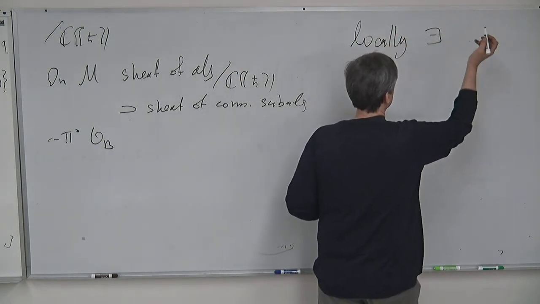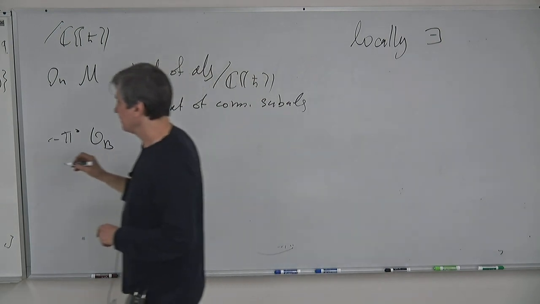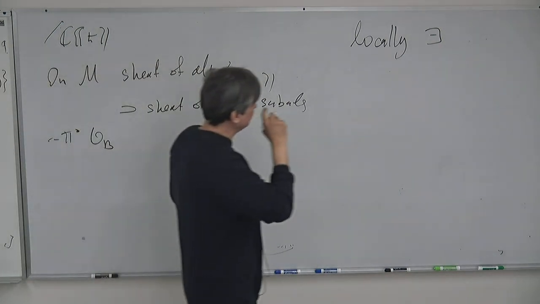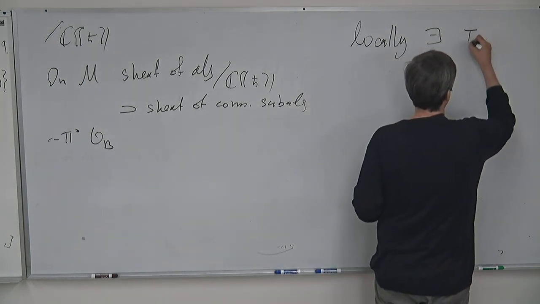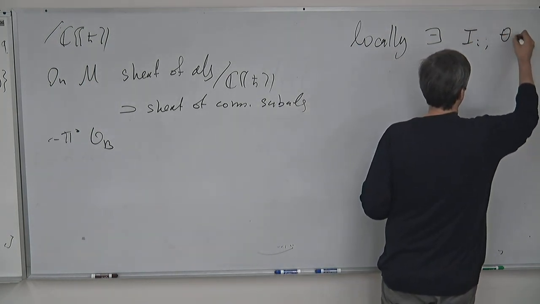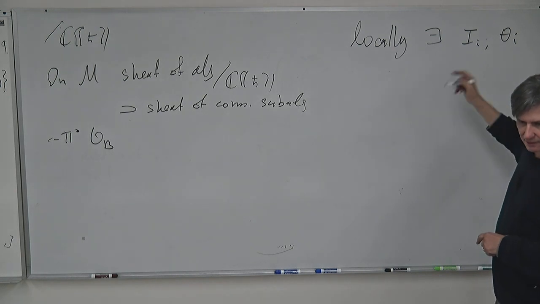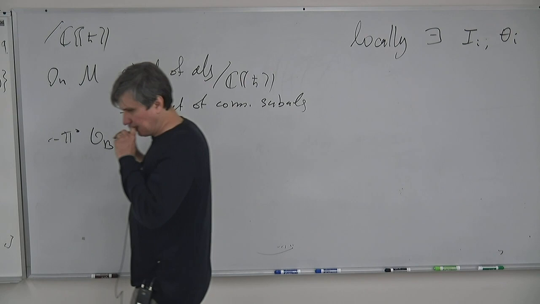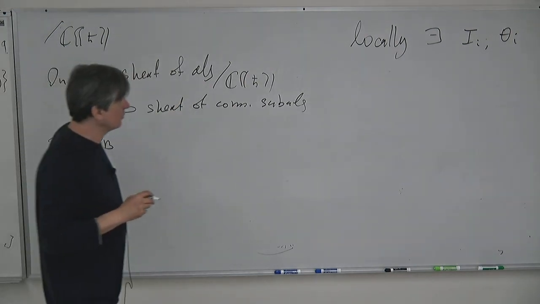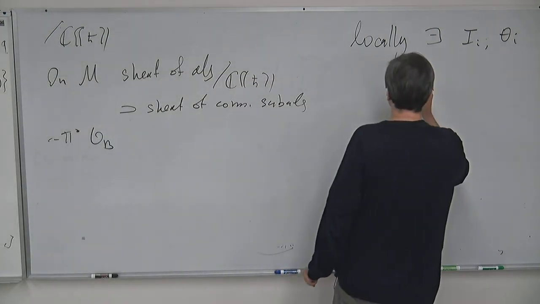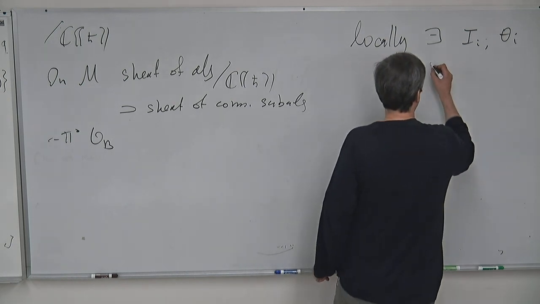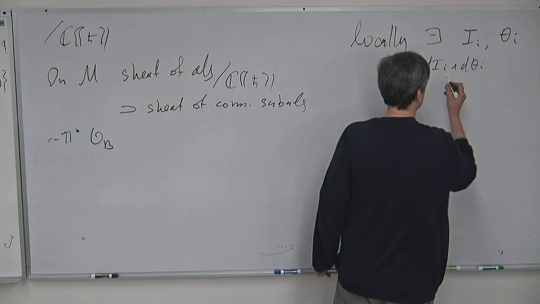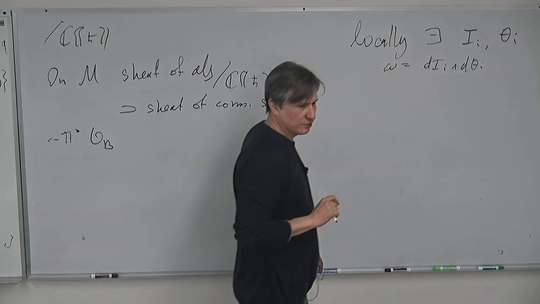Claim: locally there are coordinates, and instead of Hamiltonians, there are coordinates I and theta I, like momenta and angles, on open parts, so that if you write the symplectic structure it looks like this.